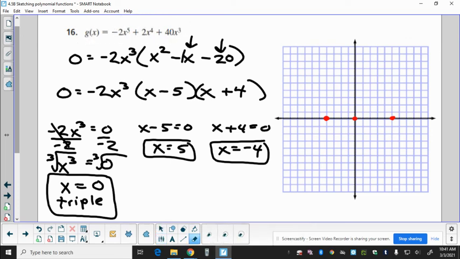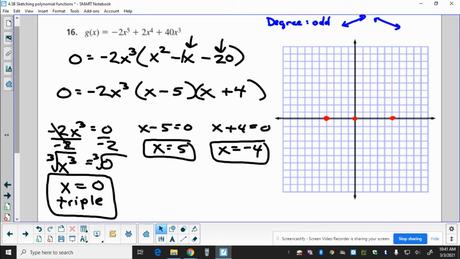Degree of this, let's talk about our end behavior. The degree is 5, which is an odd end behavior. The most famous function we know that is odd is a line. It's the first power. So lines tend to either look like this or this with their slope, right?